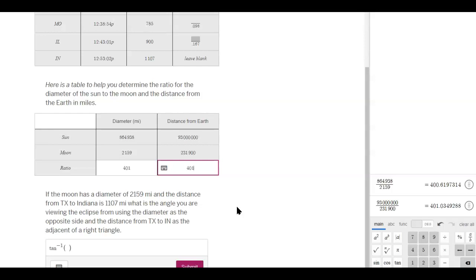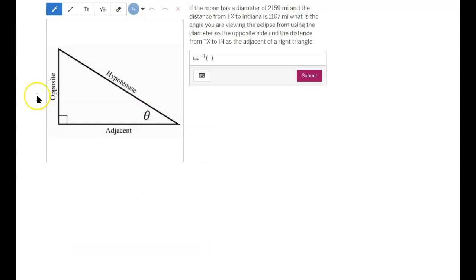Using the diameter as the opposite side and the distance from Texas to Indiana as the adjacent side, what would that angle be? Go ahead and set up this ratio. Notice that I've set up the inverse for you in our calculator on Desmos. In case it's easier for you to see a visual, we're looking for this angle right here.